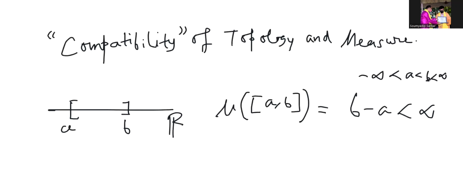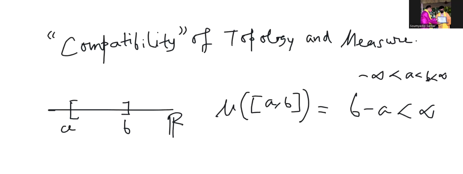So, in some sense, I can say that. In fact, you can actually say that mu of any compact set is finite, isn't it? Because any compact set is basically closed and bounded.